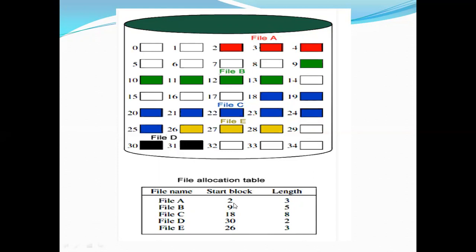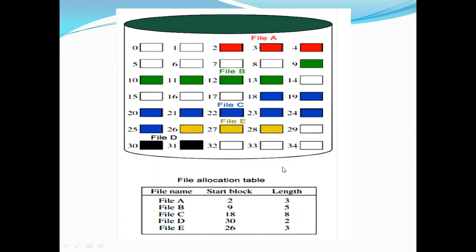So file B starts from the ninth location, and with a length of 5, it allocates 5 blocks sequentially. Then the next file C is allocated from 18 with 8 blocks, and then the next file E, and then file D. That means all the blocks related to a file are allocated in a continuous manner.